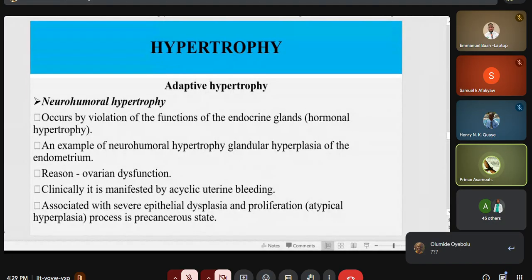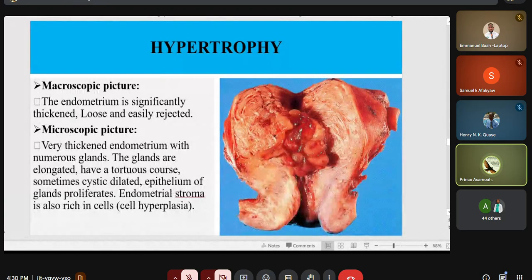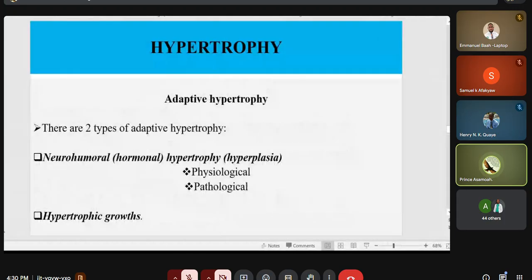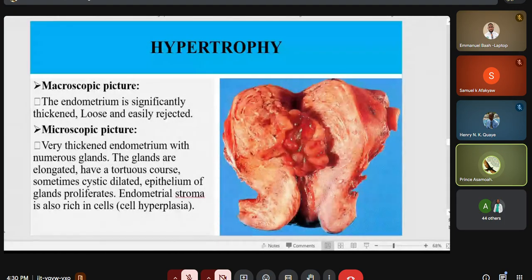We'll come and see them. Okay, so what you have to understand is that hypertrophy is the increase in the volume of the cell.